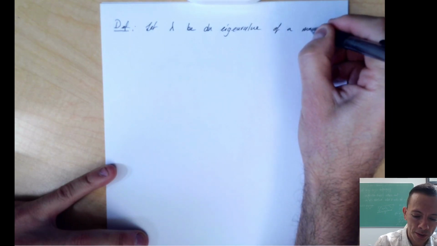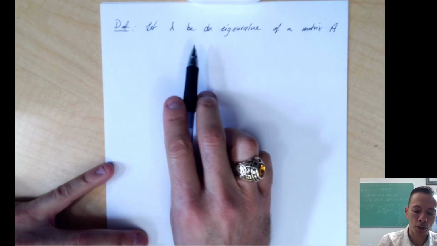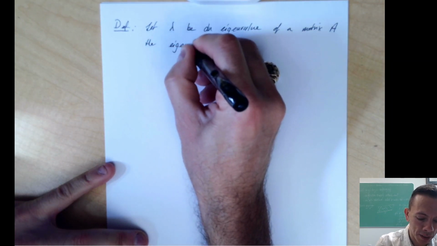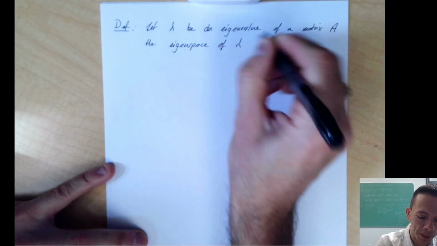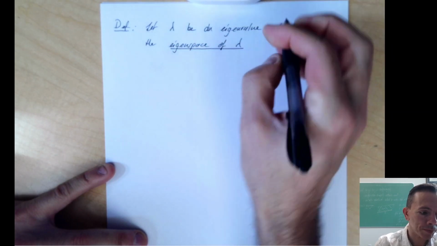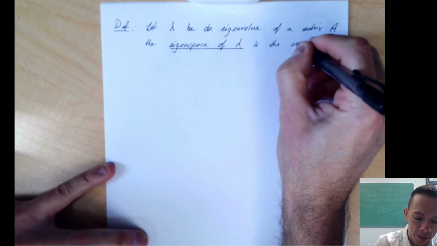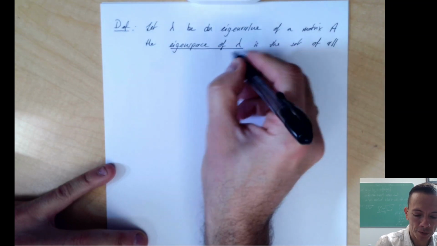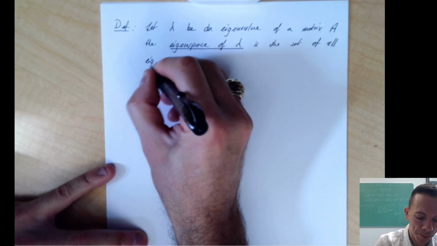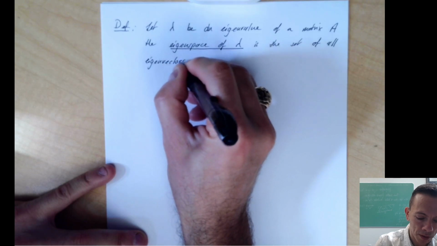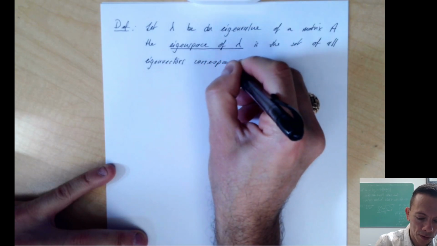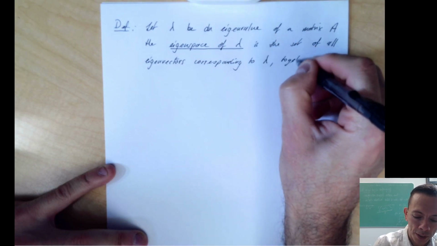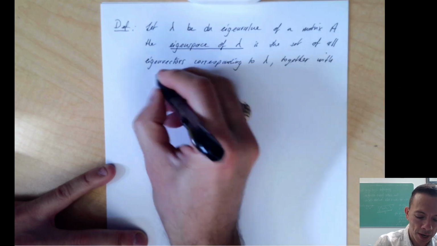So if we take lambda to be an eigenvalue of a matrix A, the definition is the eigenspace of lambda is the set of all eigenvectors corresponding to the eigenvalue lambda, and together with the zero vector.